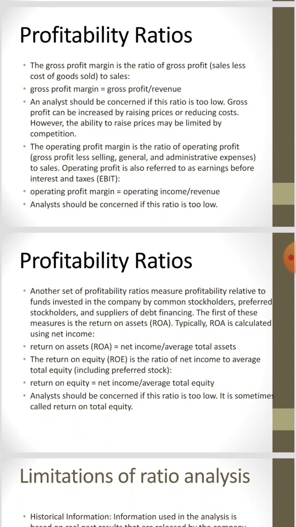And then we also find our return on assets, our return on equity. To find our return on assets, we say net income divided by average total assets. And then to find our return on equity, we say net income divided by average total equity. Okay, also analysts should be worried if this ratio is too low.